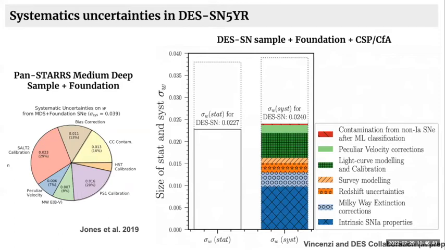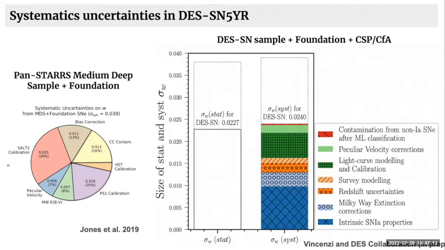There are other systematics that are way more critical for our analysis. And of course, the two that are probably the most evident ones are the one related to intrinsic supernova properties. So how do we model the intrinsic supernova properties in our simulations, and how this affects how we calculate bias corrections for our sample. That's the darkish blue bit.